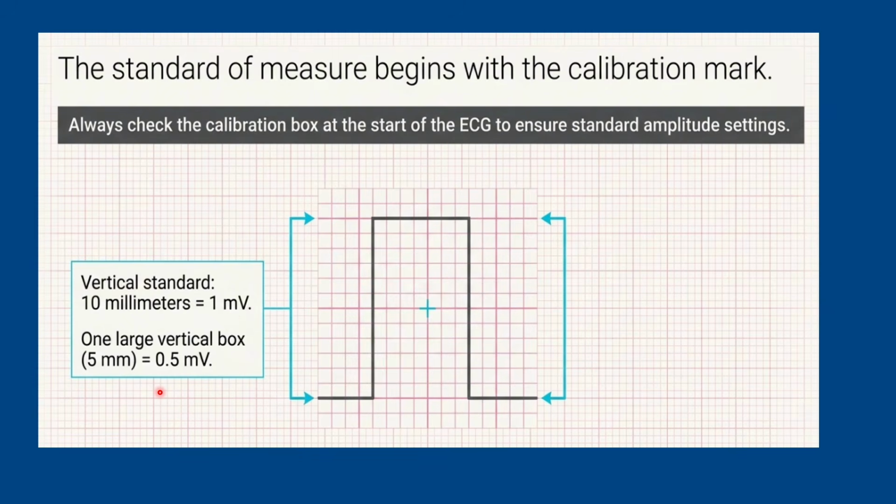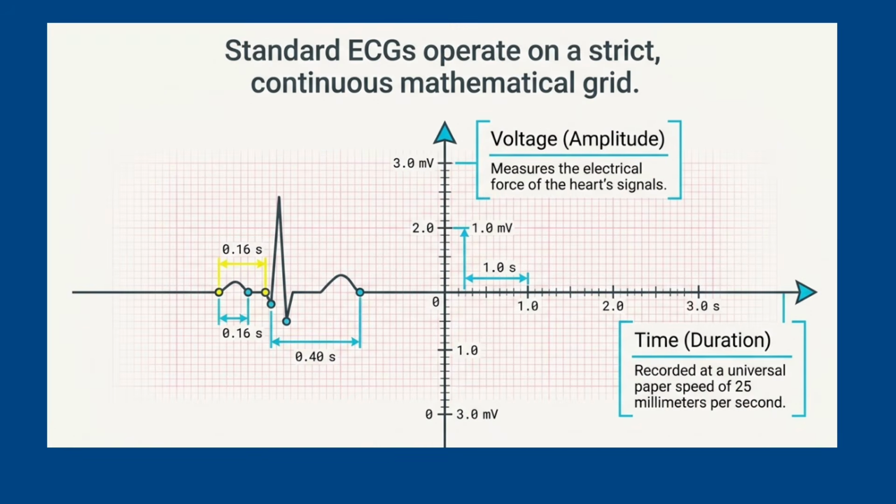You can use the lower half millivolt in case you have very high amplitude waves and you need to restore them within the ECG grid. But this is not the standard. Therefore, the ECG operates on a mathematical grid.